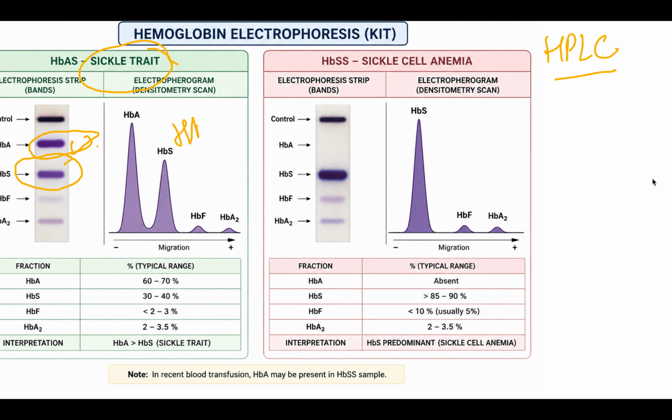It will contain some amount of HbA because of one gene, and some amount of HbS due to the other gene. So two bands are seen. But in sickle cell anemia, only one line is seen, of HbS. This is how to differentiate between sickle cell trait and sickle cell anemia.